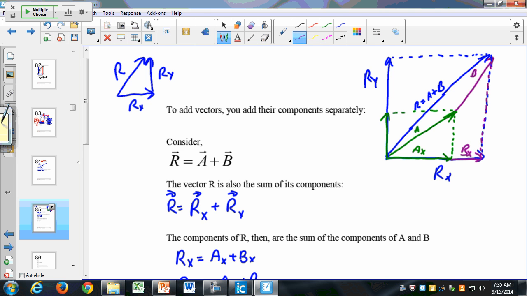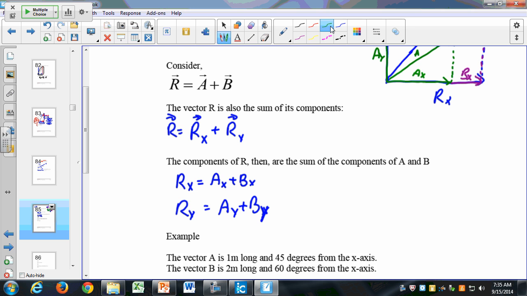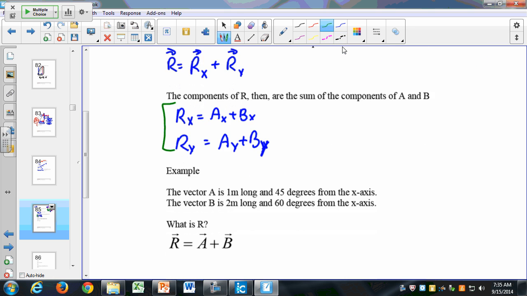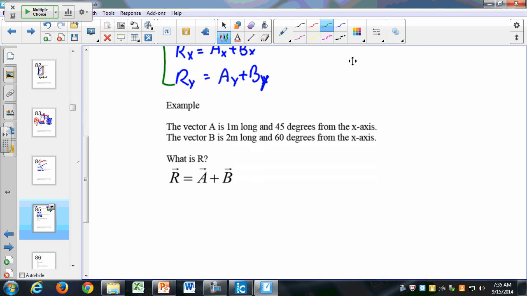My y component of B looks like that. This is By. This is Ay. And so Ry is equal to Ay plus By. So these things are true: the x components are the sum of the x components of the individual vectors, and the same for the y components. So let's do a quick example.